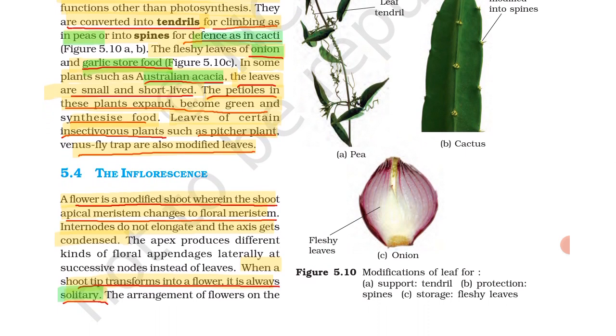In some plants such as Australian acacia, the leaves are small and short-lived. The petioles in those plants expand, become green, and synthesize food.